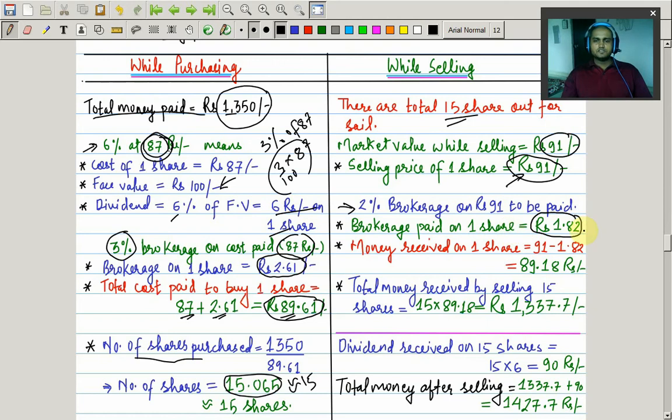That person is taking this much amount out of 91. So the money received after selling one share is 91 minus 1.82, so 89.18 rupees. So the total money received by selling 15 shares is 15 into this amount, which is 1337.7 rupees.